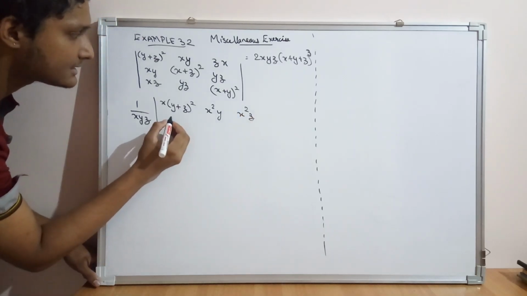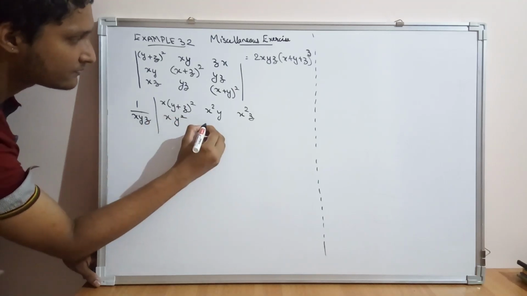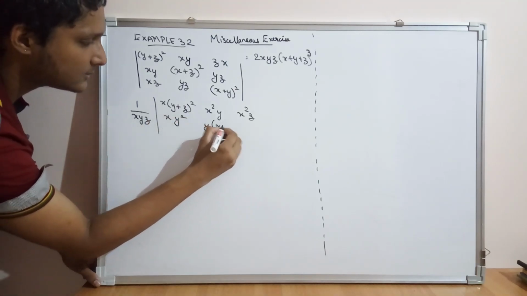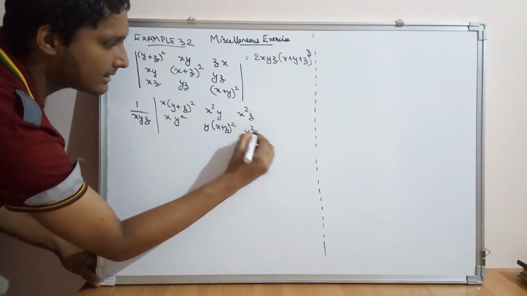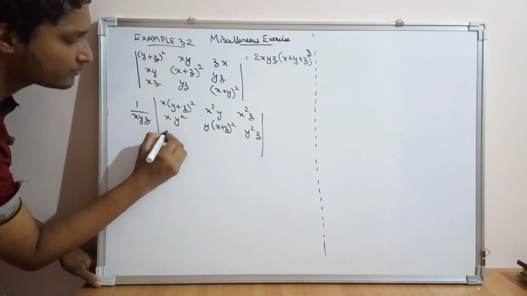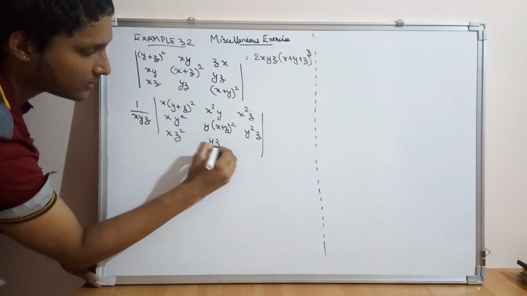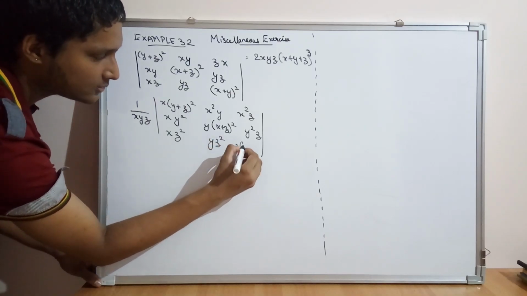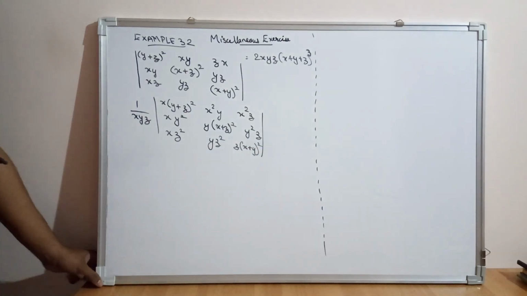Next you'll get here xy square, then y into (x plus z) whole square, then y square z. Then we have xz square, then yz square, then z into (x plus y) whole square. Okay, this much we got.